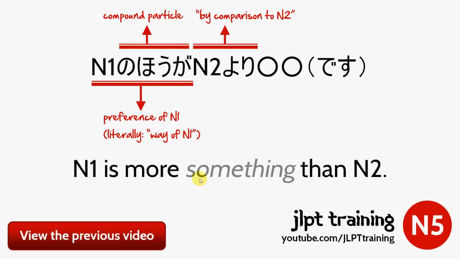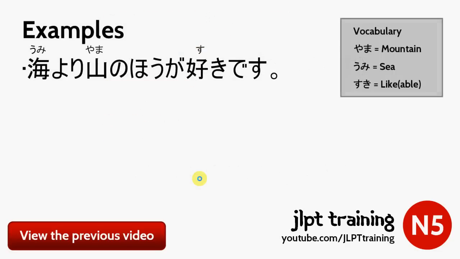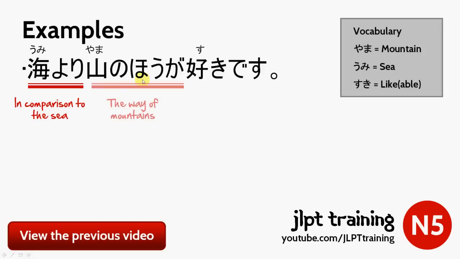Okay, so let's take a look at some examples. The first one we've got here is Umi yori yama no hou ga suki desu. Now, let's just do a quick breakdown before we actually translate this one. Okay, so the first part, as I said, we've covered in the previous video: in comparison to the sea. And as you can see, I've just got this vocabulary list up here if you don't know the words. So, umi is sea. And then, yama no hou ga, the way of the mountains.